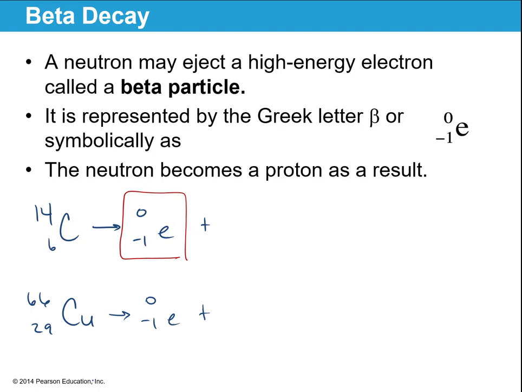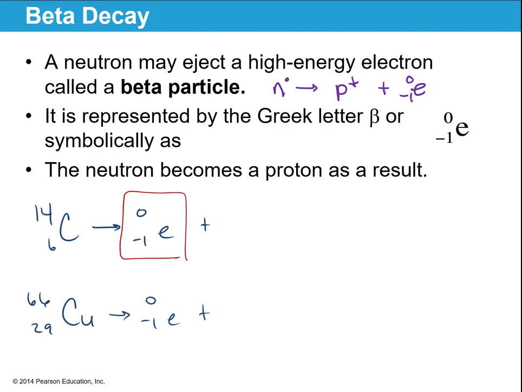So a neutron breaks down and it shoots the electron out of the nucleus. The proton stays behind, because that's where the proton is. Electrons just come shooting out of this atom, and that helps to make them more stable because it's going to bring the proton-neutron numbers a little closer together.